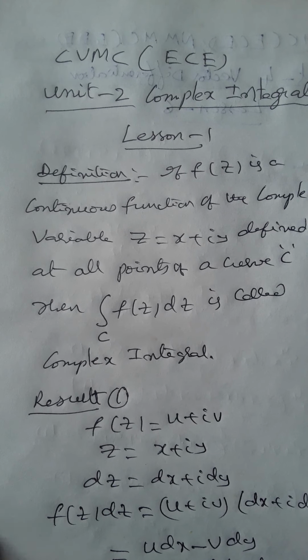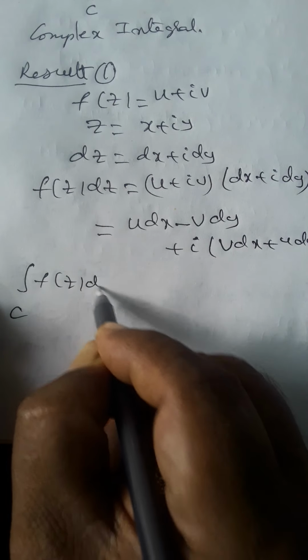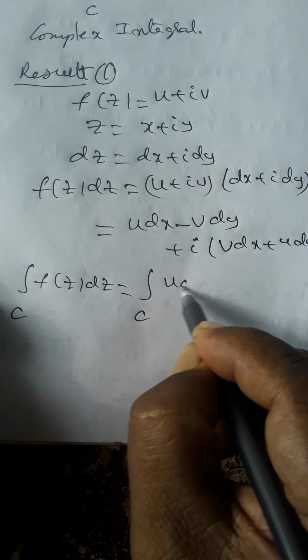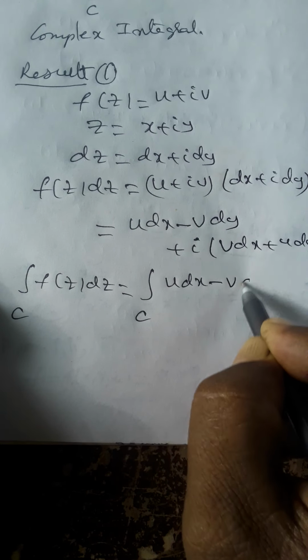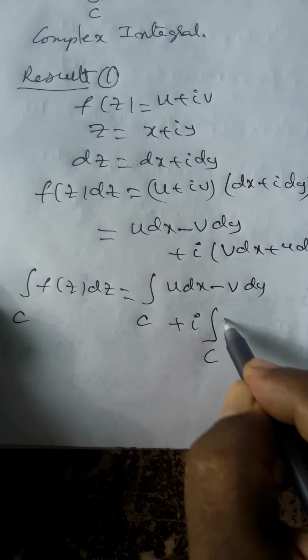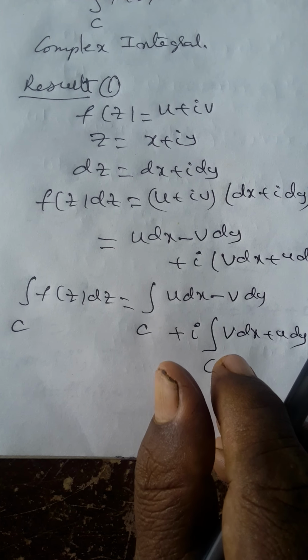So the integral over C of f of z dz is equal to the integral over C of u dx minus v dy plus i times the integral over C of v dx plus u dy.